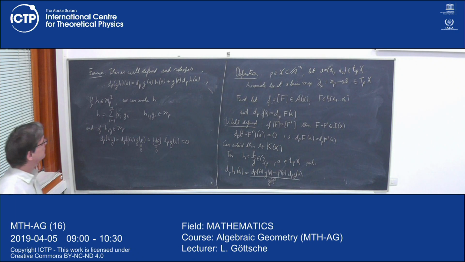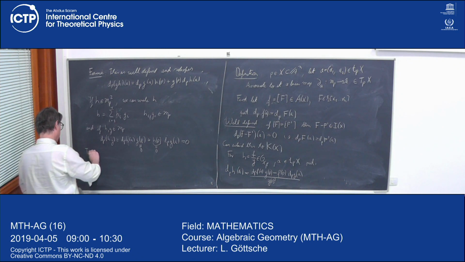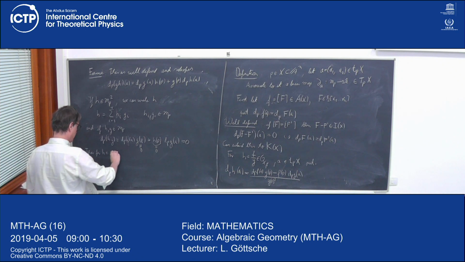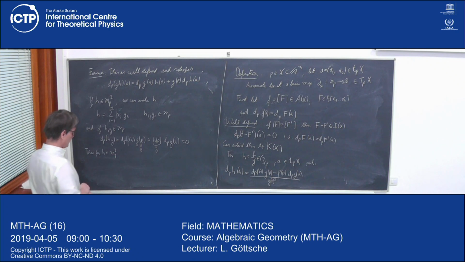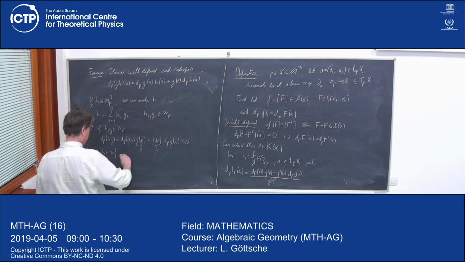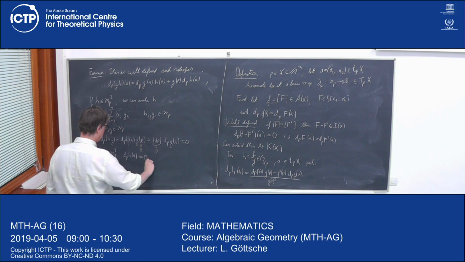So we see that if H is in M_P squared, we have that d_P H of A is equal to 0.